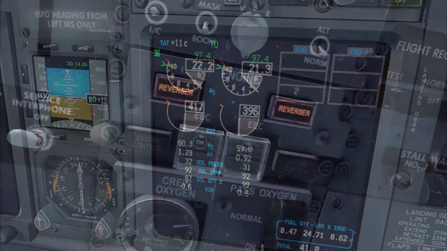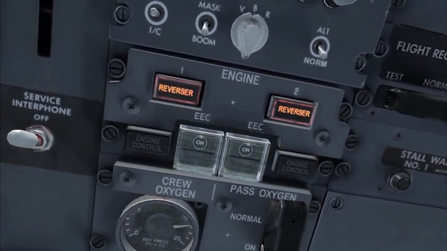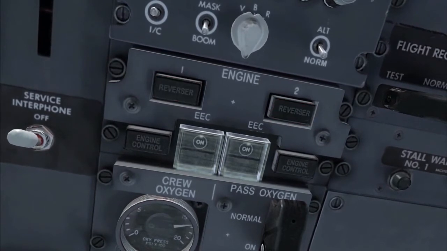There is also a reverser light in the aft overhead panel that illuminates when the reverser has been commanded to stow. This light extinguishes roughly 10 seconds after stowage. If the light does not extinguish for 12 seconds or more, a malfunction will have taken place and a master caution will present itself.